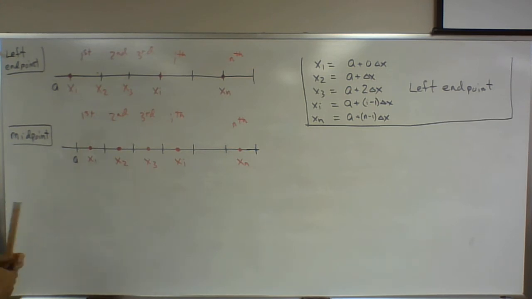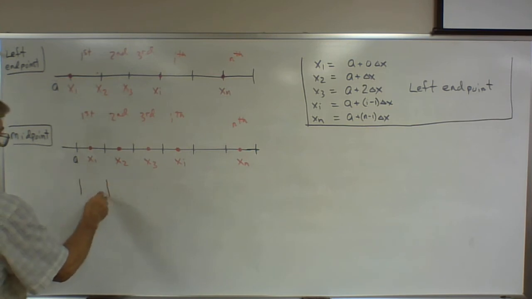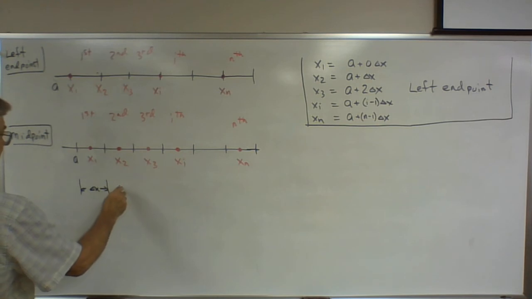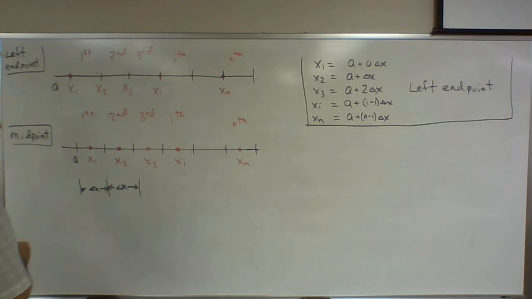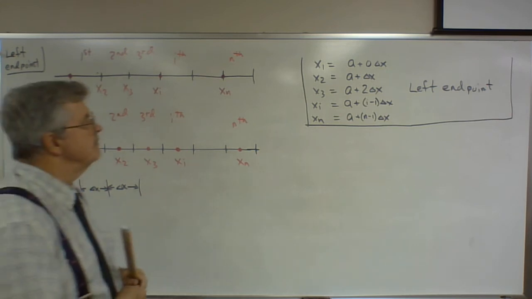And these intervals each have a width of delta x. If we start at a and go half the length of this subinterval, we get to x sub 1. So x sub 1 is a plus 1/2 delta x.